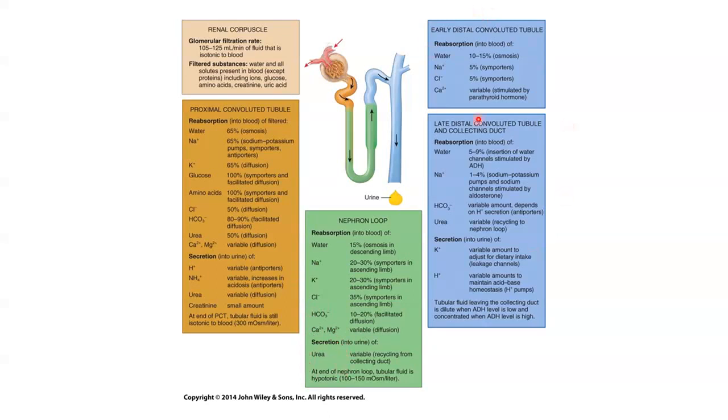And then in our early distal convoluted tubule and our late distal convoluted tubule and our collecting duct, we mostly have variable amounts of substances being reabsorbed and secreted based on whether we need more, let's say calcium, we need more magnesium, we need to secrete more hydrogen. This part of the tubule is also where our antidiuretic hormone and our aldosterone will work. And so this will adjust how much sodium and chloride and water we are reabsorbing.